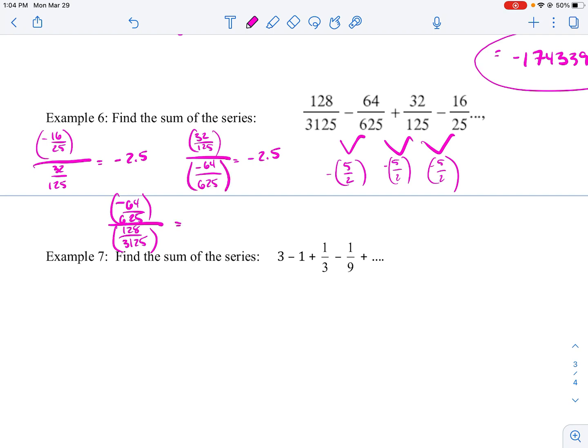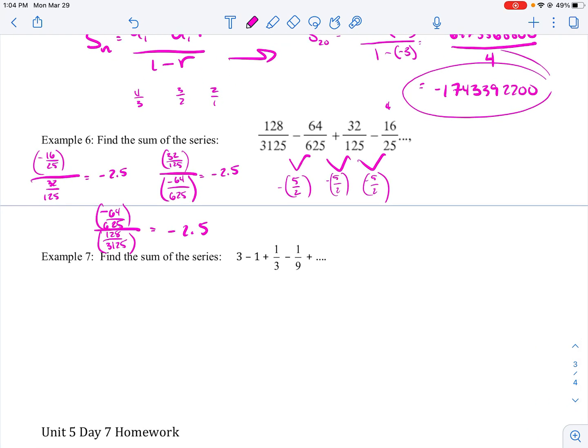But again, you divide the fourth term by the third term, by the second, by the first, okay? And in all of those cases, we end up getting a negative 2.5, which lets us know what we're multiplying by each time, okay? All right, so anyway, that's what we're increasing by.